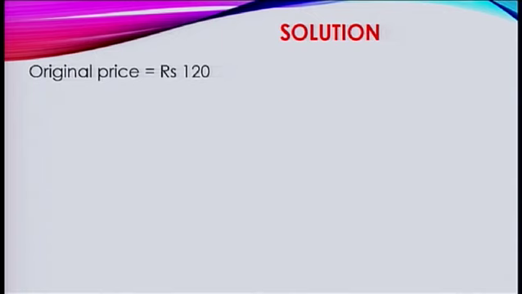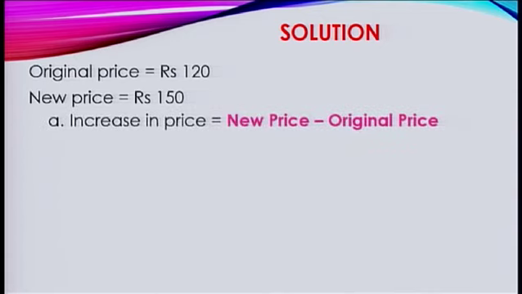You know that the original price is 120 rupees. And you know that the new price is 150 rupees. So, to calculate the increase in the price, you take the new price and you subtract the original. So that will be 150 rupees minus 120 rupees, which is simply 30 rupees.